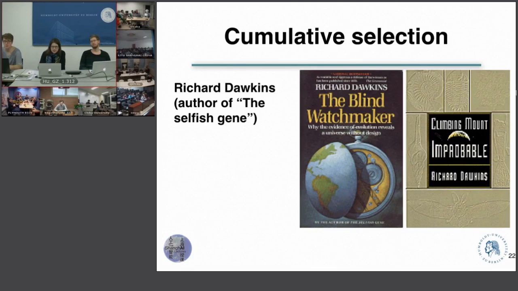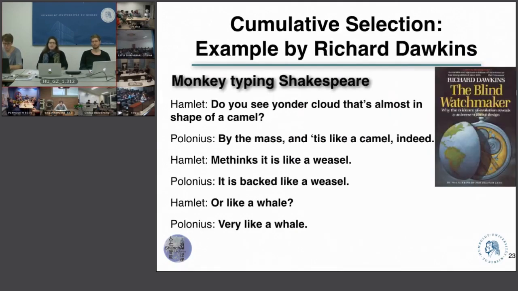And the example that he put up is about a monkey typing on a typewriter, and the question is whether this monkey can produce a whole piece of Shakespeare, for example. Will this monkey eventually write Hamlet if it is just typing random keys on a typewriter?